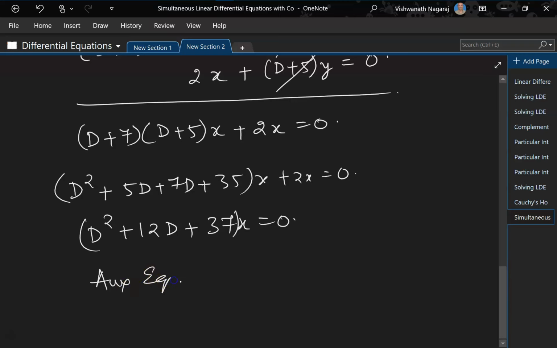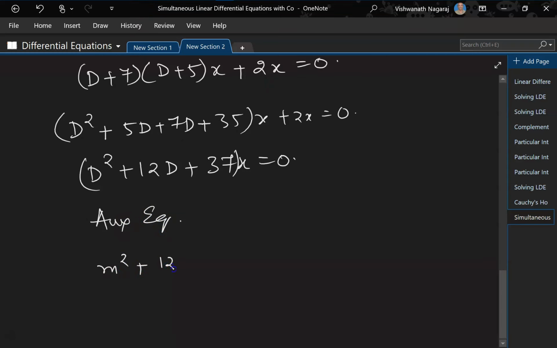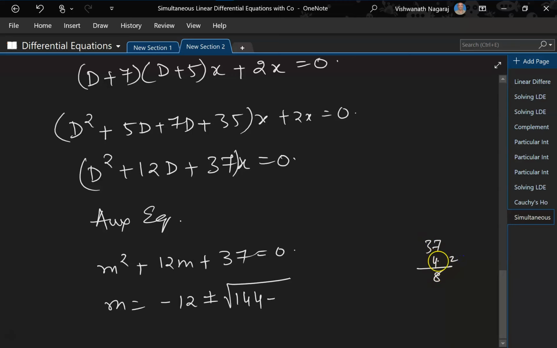Auxiliary equation: m square plus 12m plus 37 equal to 0. m is equal to minus 12 plus or minus square root of b square, 144, minus 4ac, 37 times 4, which is 148, divided by 2a, that is 2.